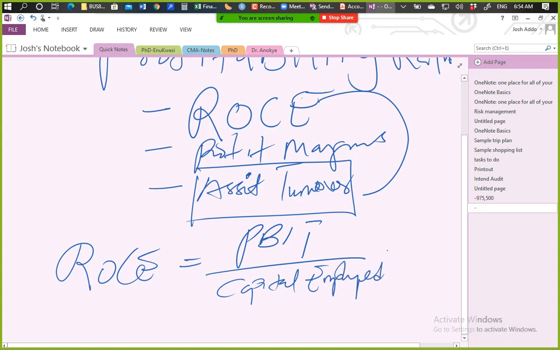And by now, everybody should know what capital employed means. Who can help us to refresh our memories? What is capital employed? What does it constitute? That's what I mean. What constitutes capital employed? It constitutes the amount that the investors have put in the company. Okay, so from your balance sheet, how do you get the capital employed?